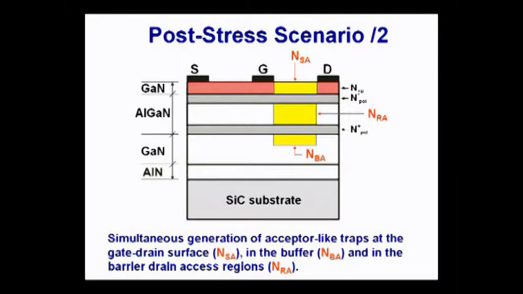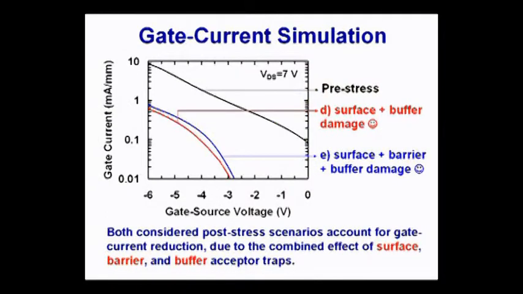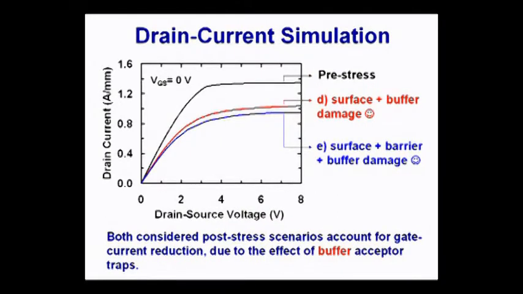In this way, we could reproduce the amplification of gate lag and the decrease in the gate current, as well as the drop in the DC current, as can be seen from this figure.